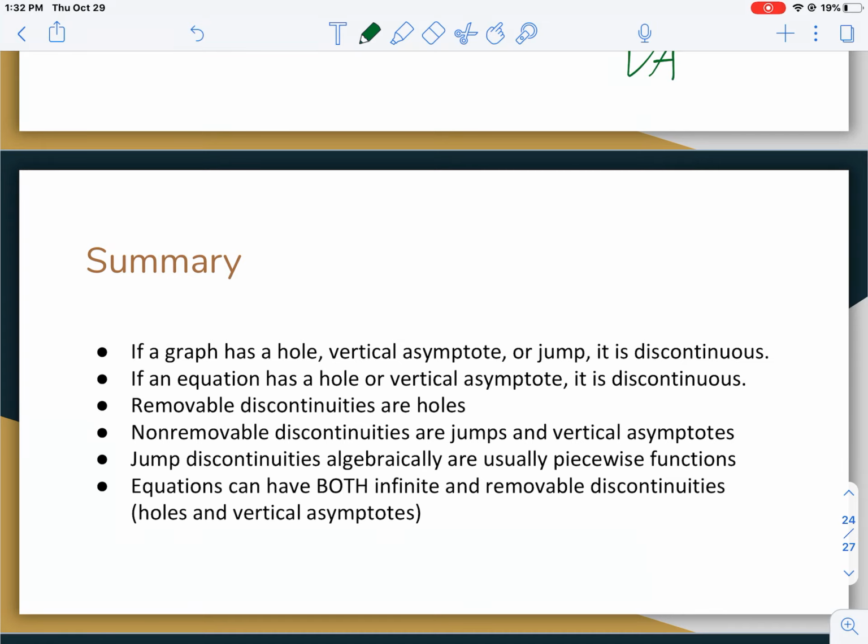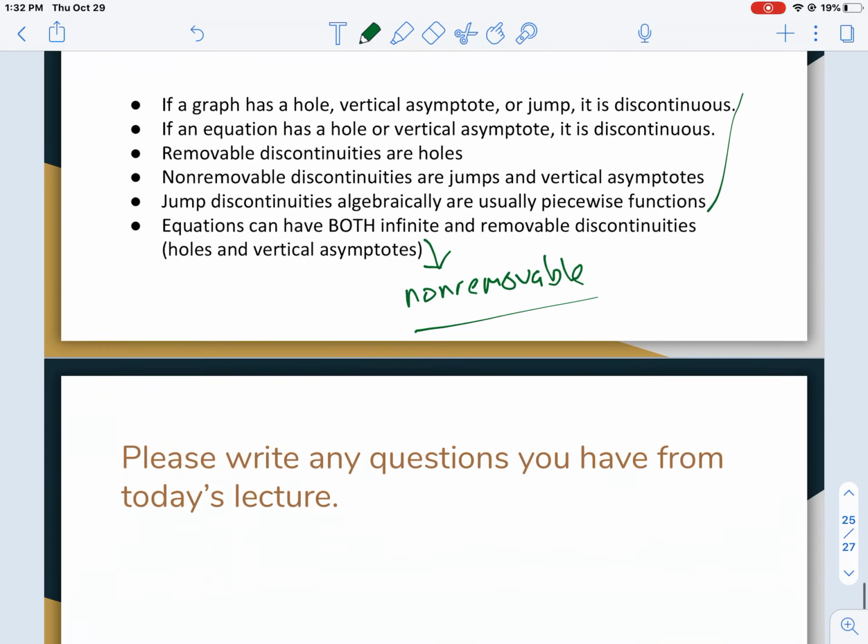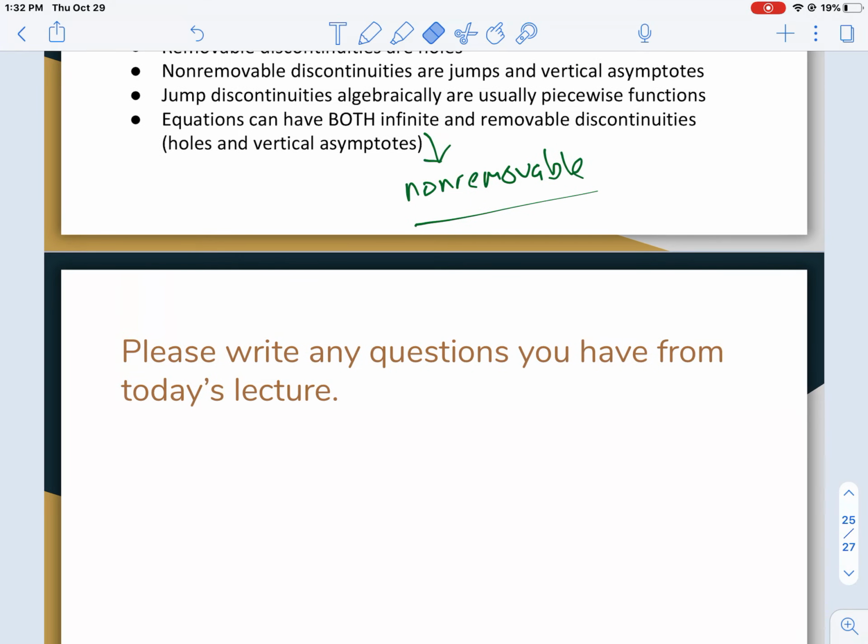Equations can have both infinite and removable discontinuities at the same time. So that's a summary.